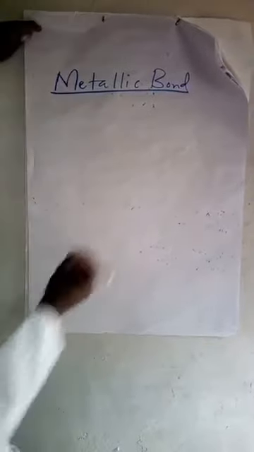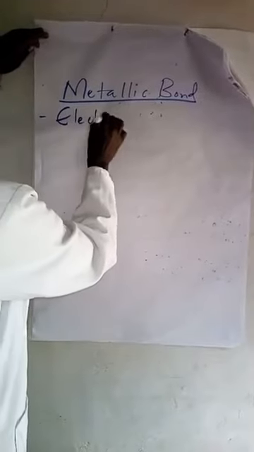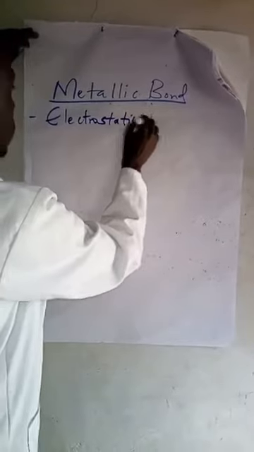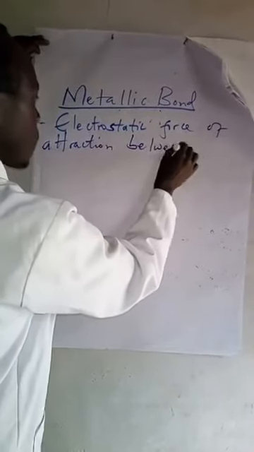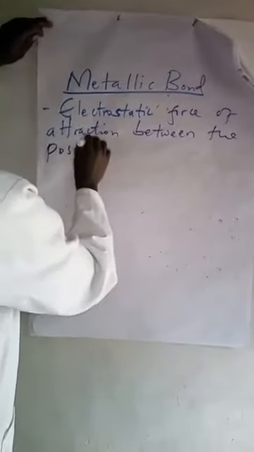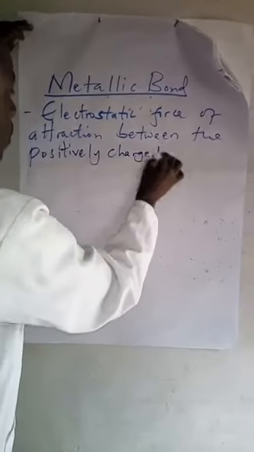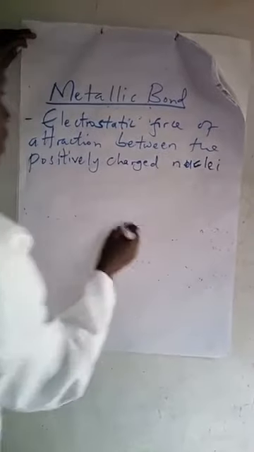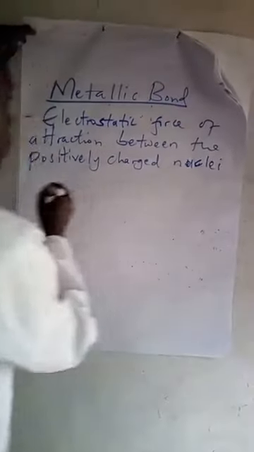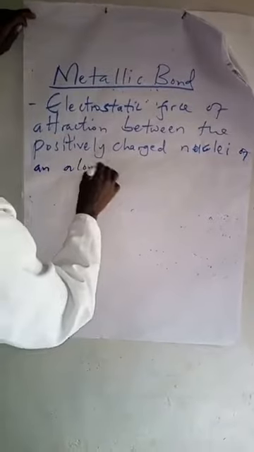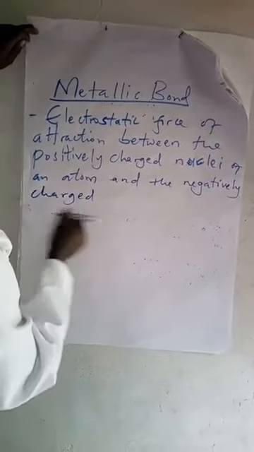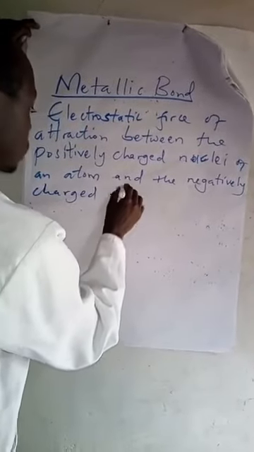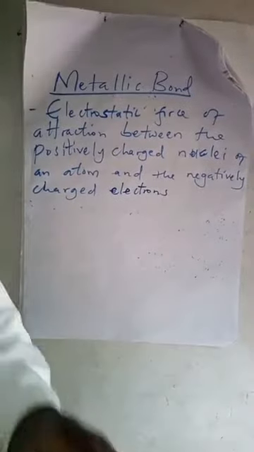Metallic bond is defined as the electrostatic force of attraction between the positively charged nuclei of an atom and the negatively charged electrons. That is the definition of metallic bond.